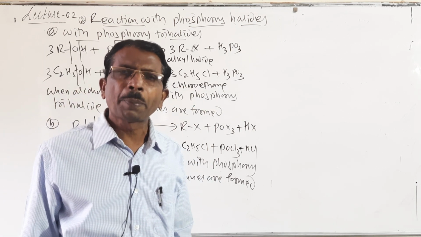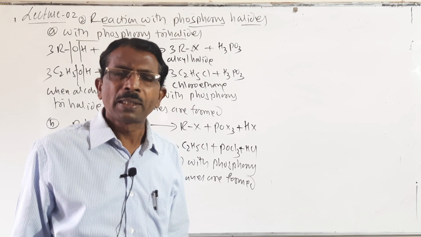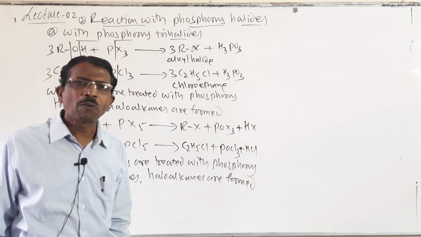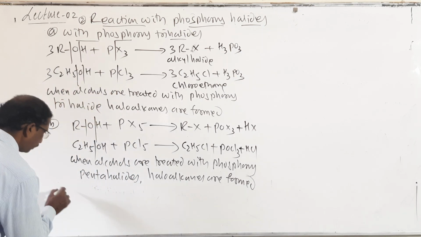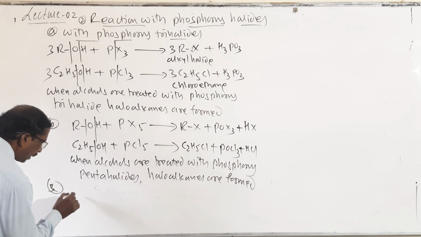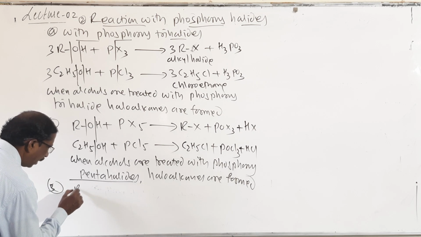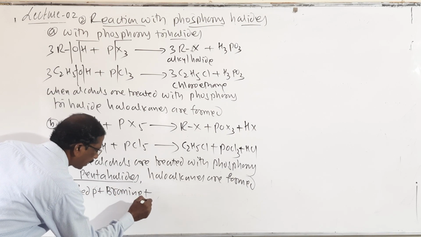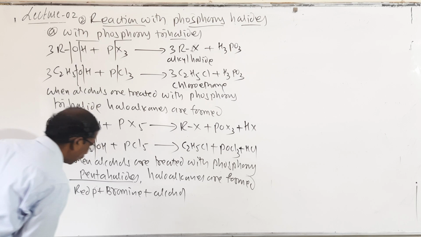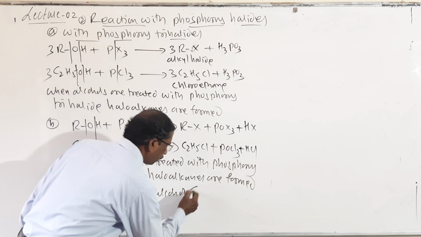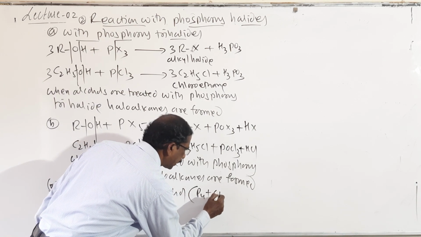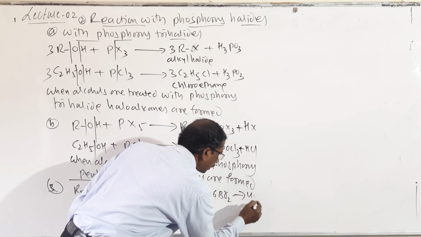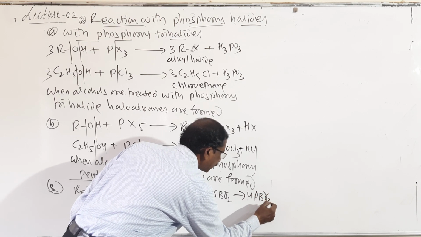Bromoalkanes can be prepared in the laboratory by using red phosphorus and bromine. Look here students, when red phosphorus plus bromine, P4 plus 6Br2, gives 4PBr3.